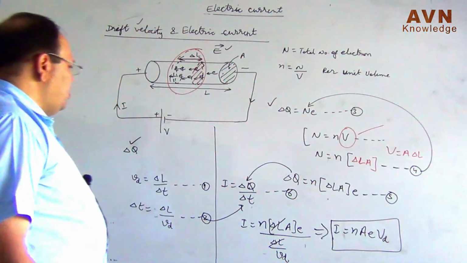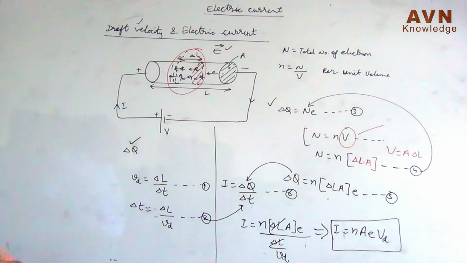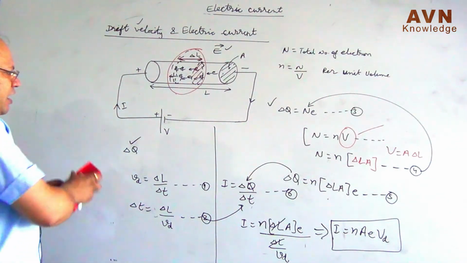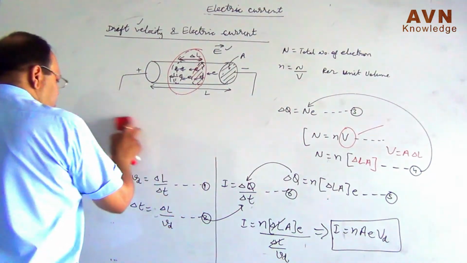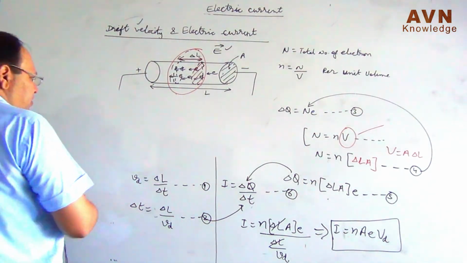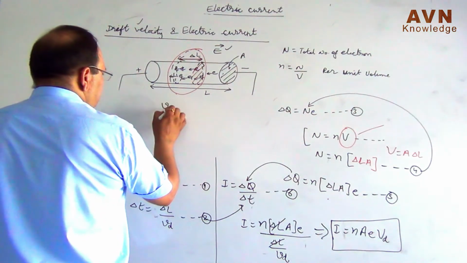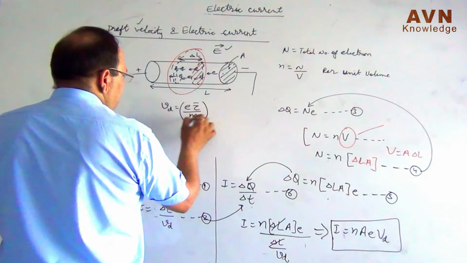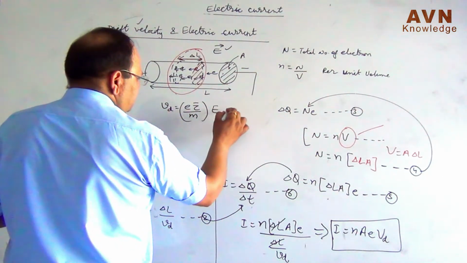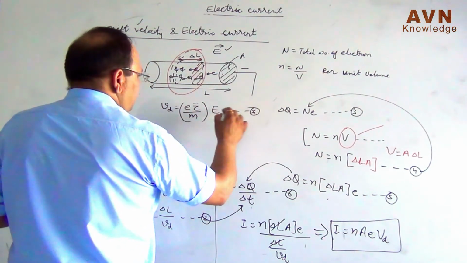If you want to calculate the relation between electric current and electric field, then you can use the drift velocity formula already calculated. What is the drift velocity? e tau bar upon m into E, in the previous derivation.